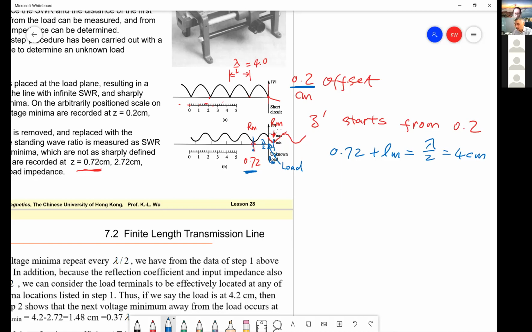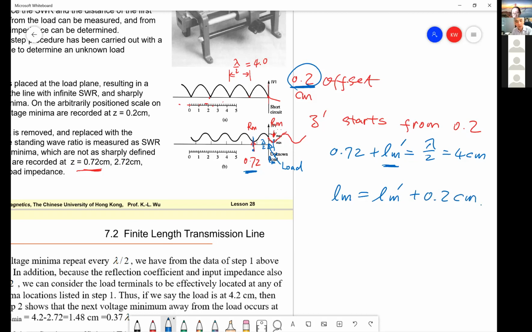But this Lm is still not the real Lm yet, because we need to add this 0.2 offset. So the real Lm is Lm prime plus 0.2 centimeter.